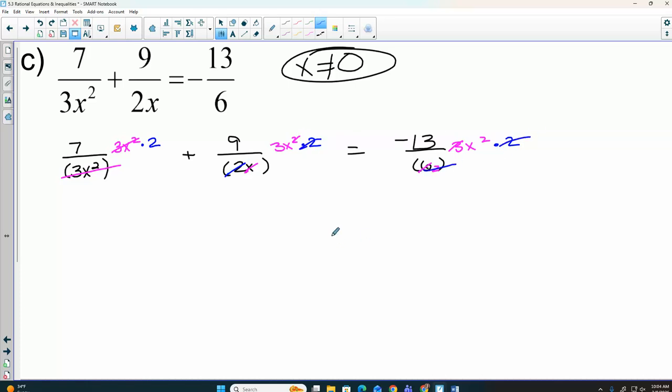So we got rid of all of our fractions. You're essentially just multiplying by your least common multiple here. All right, so what I'm left with, in this one we have a 7 times 2. In this one we have a 9 times a 3x. Over here we have a negative 13 times x squared.